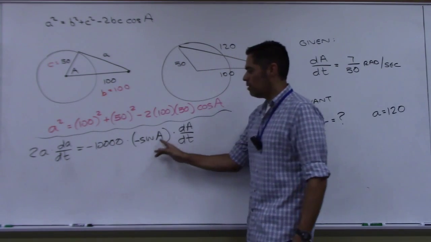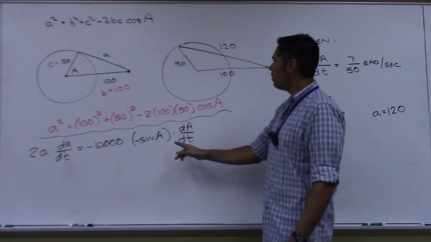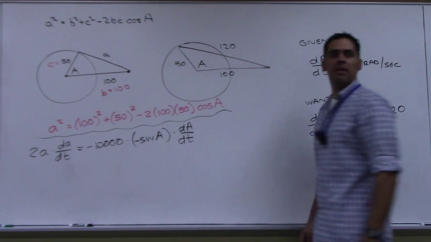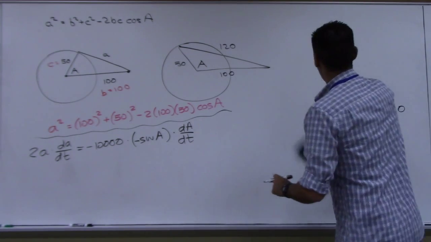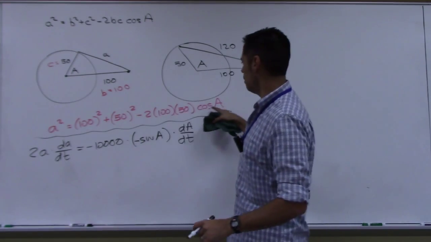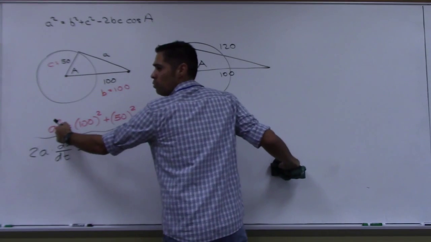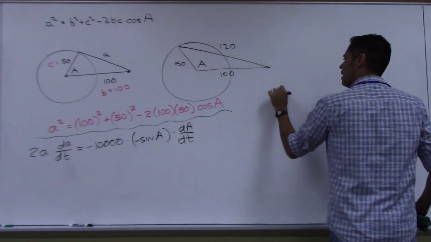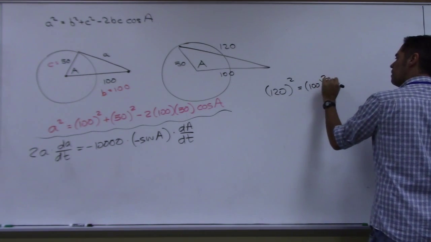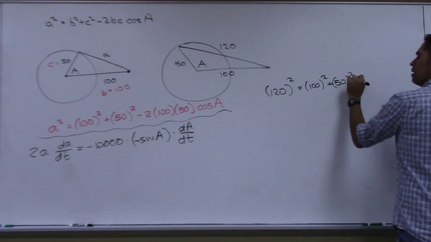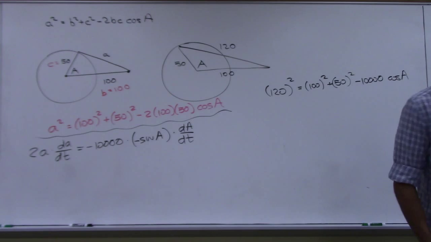The only thing I don't have is capital A. I can fix everything in time now, so I can fix this formula with little a equal to 120. So 120 squared equals 100 squared plus 50 squared minus 10,000 cosine of capital A. Calculator time.